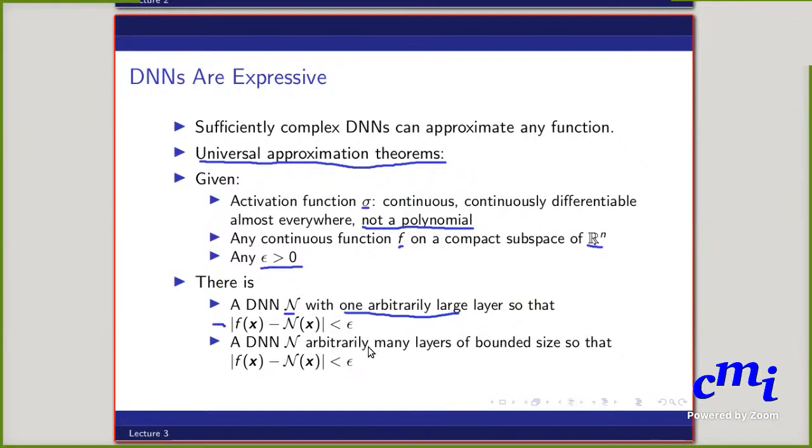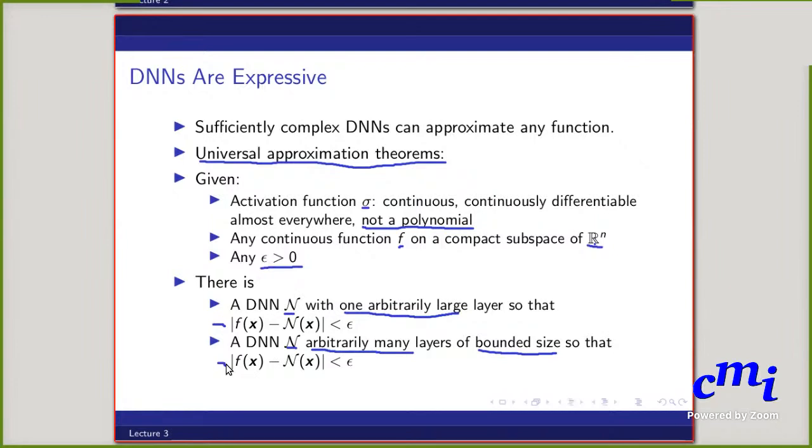Similarly, there is another DNN where you can bound the size of each layer, but you can have arbitrarily many layers. So this DNN has bounded width but arbitrary depth, and the other one has bounded depth but arbitrary width. In both cases, you can have DNNs which arbitrarily closely approximate our function f.